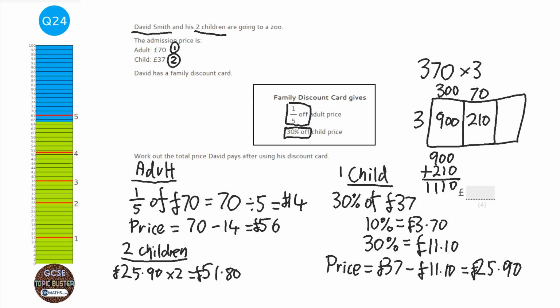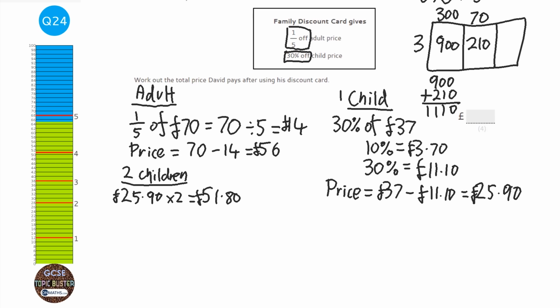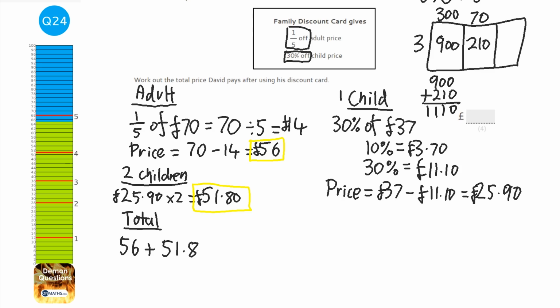Okay, I'll move down a bit and let's do the total. So the total is going to be the adult price, which is this one here, plus the 2 children price, which is that one there. So I want to do 56 plus £51.80.